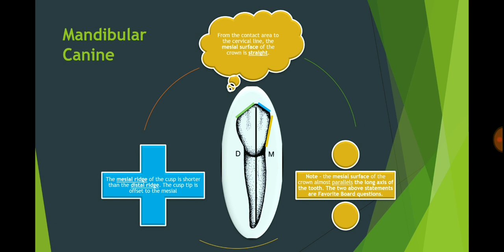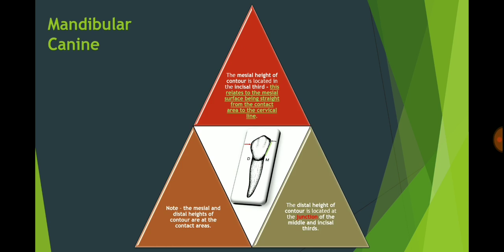The long axis is the black line of the tooth, and the two above statements are favorite board questions. The mesial ridge of the cusp on the mandibular canine is shorter than the distal ridge, and the distal cusp tip is offset to the mesial. Okay. All right, moving on.